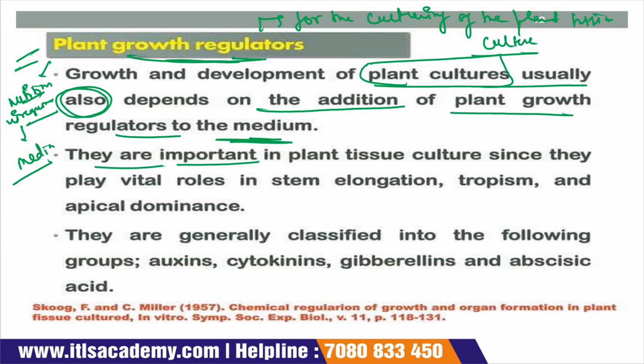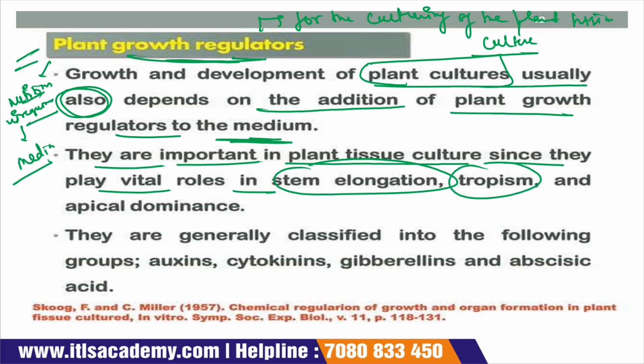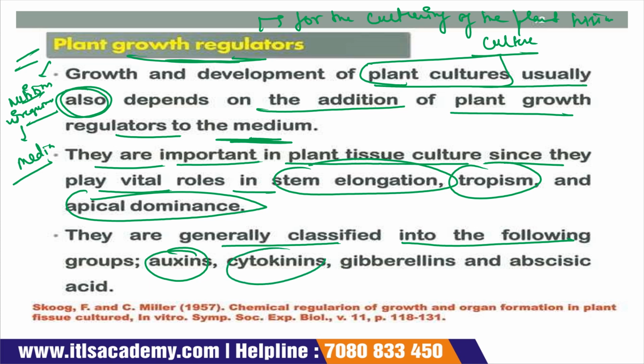They are important in plant tissue culture since they play a vital role in stem elongation, tropism, and apical dominance. They are generally classified into the following groups, that is auxins, cytokinin, gibberellin, and abscisic acid.